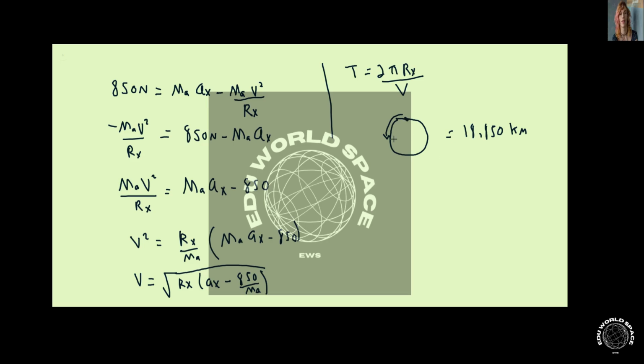So this looks like it's just a fourth of a circumference around the planet. So 1/4 of the circumference, 2 pi r_x, equals 18,850. And so we can solve for r_x as 1.2 times 10 to the 7th meters. So there's our r_x in the equation. Now we just need a_x and m_a, the mass of the astronaut.